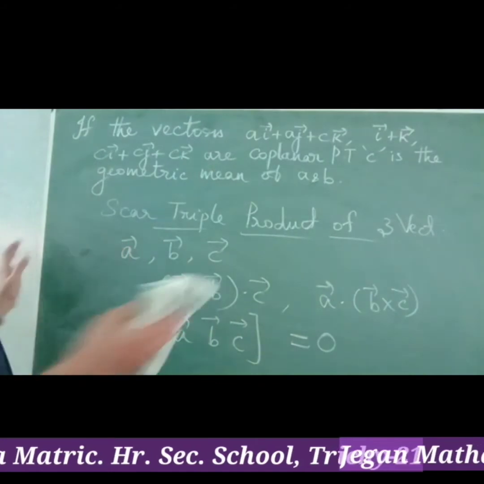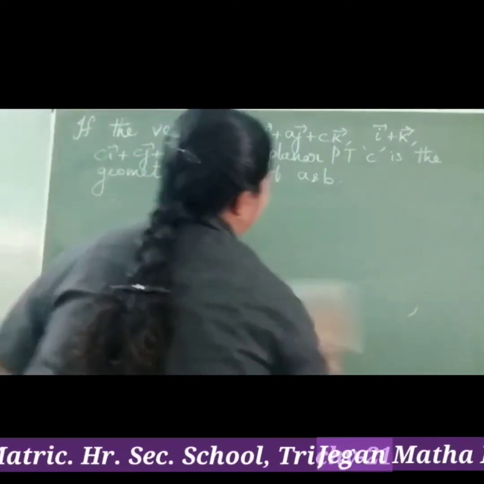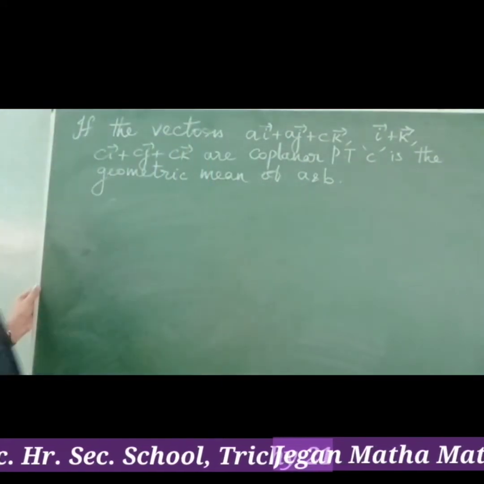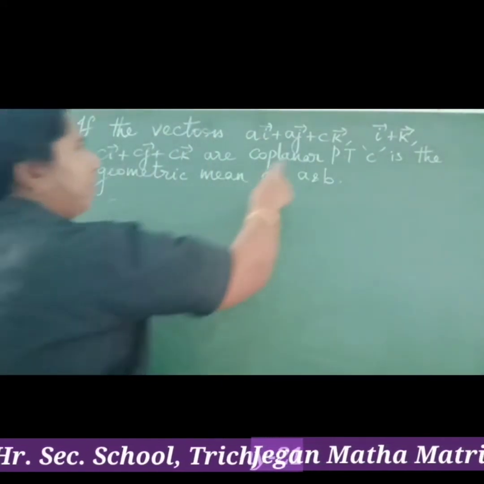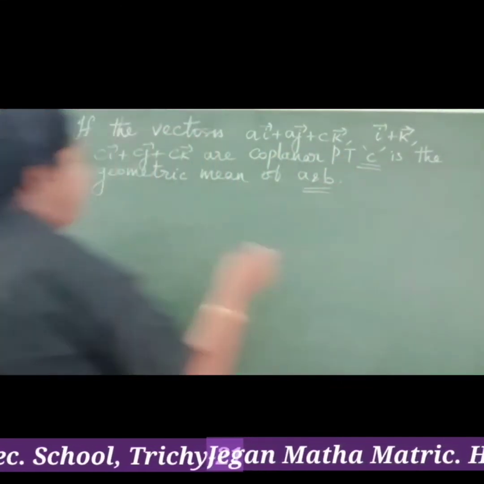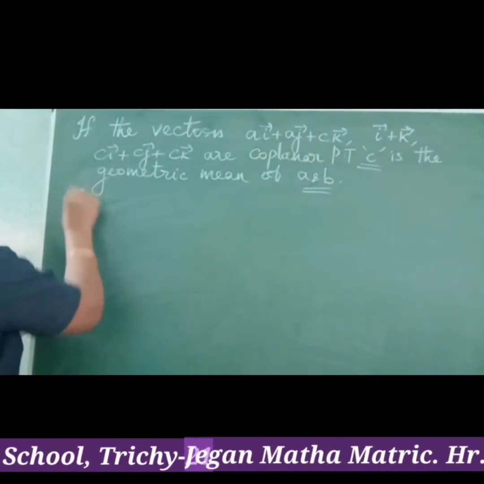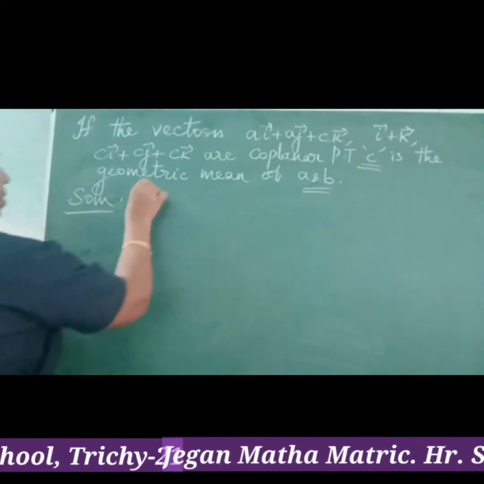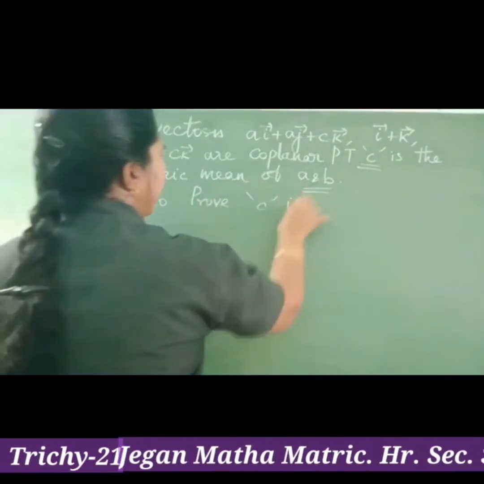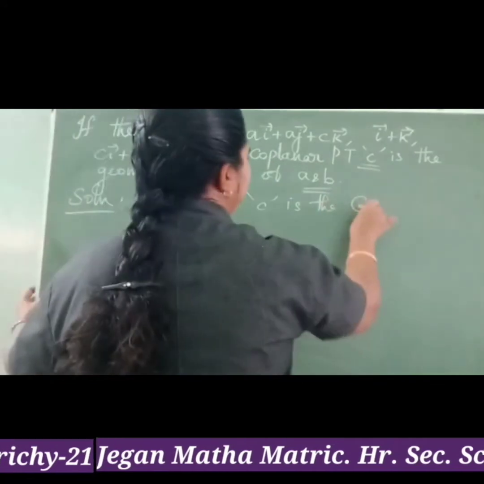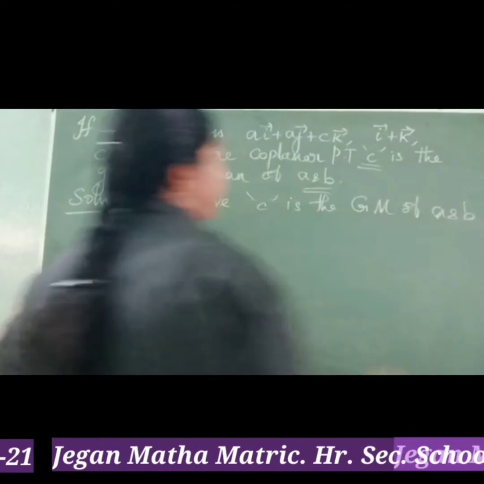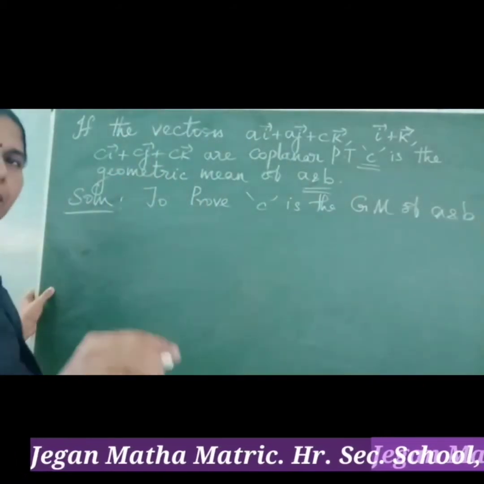Now based on this, let us solve this sum. In the question it is given that the three vectors are coplanar. We want to prove that if these three vectors are coplanar, C is the geometric mean of A and B. Already we have studied about arithmetic mean, geometric mean and all.